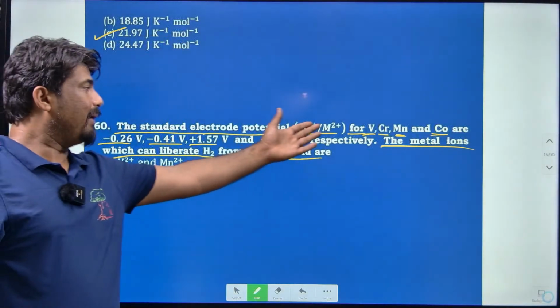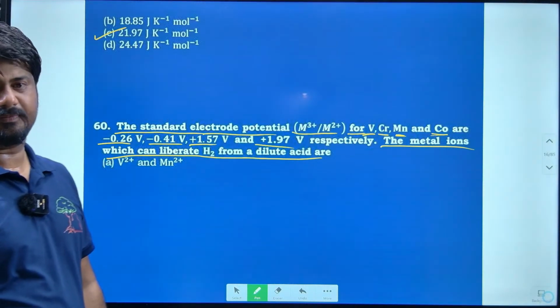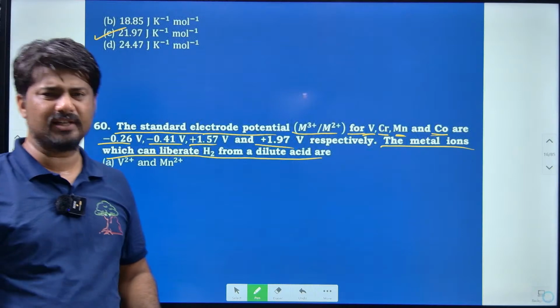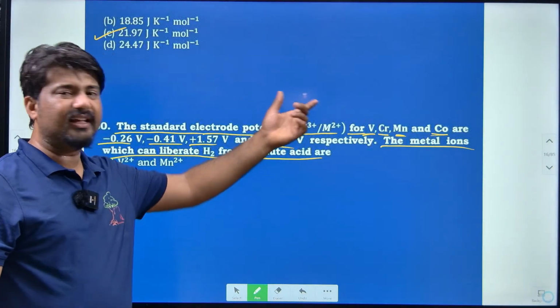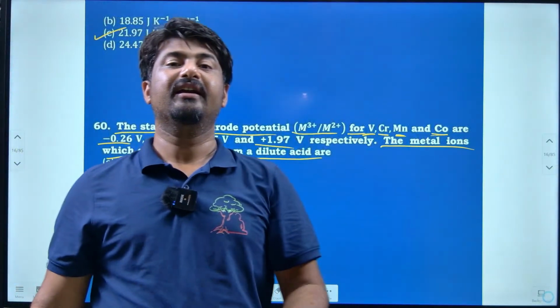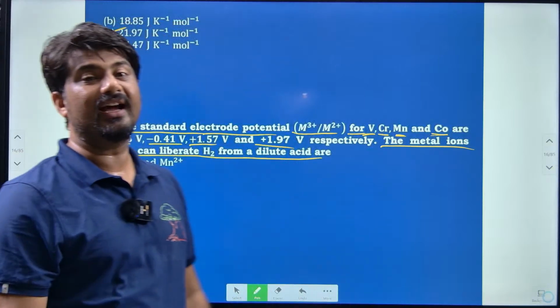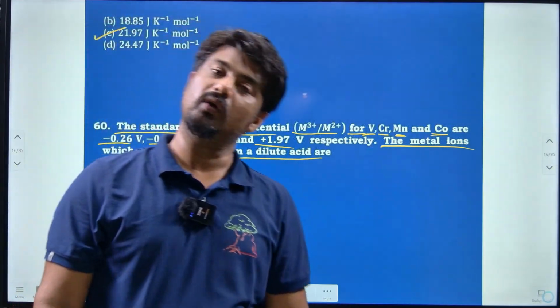It's a very simple basic concept. The species having a negative reduction potential will easily liberate hydrogen from dilute acids.